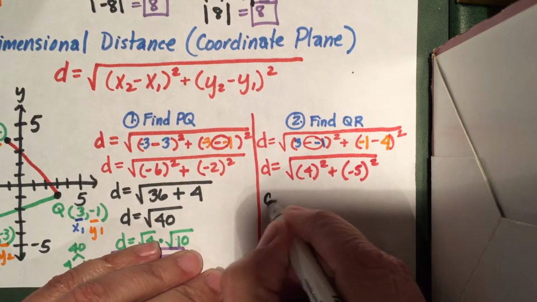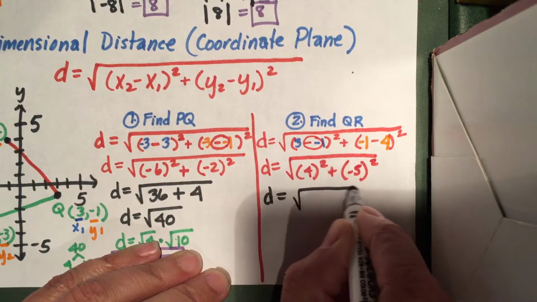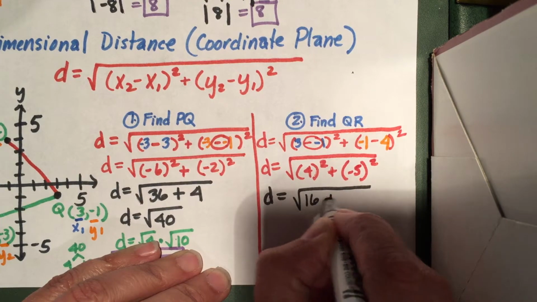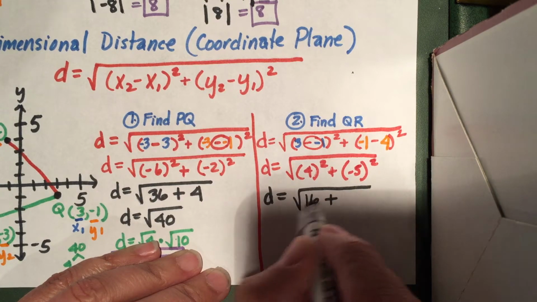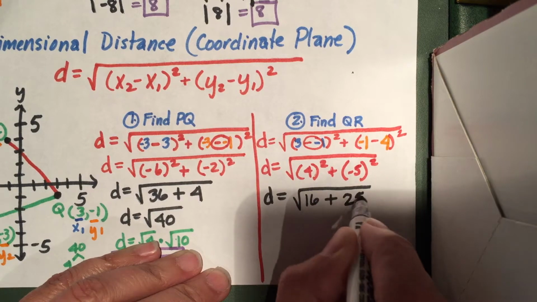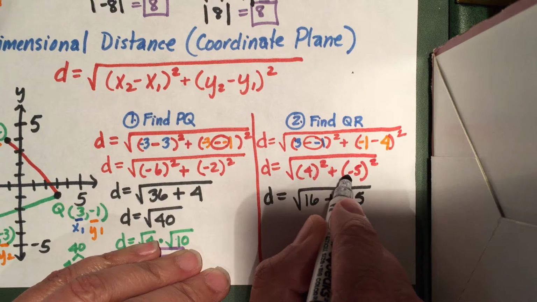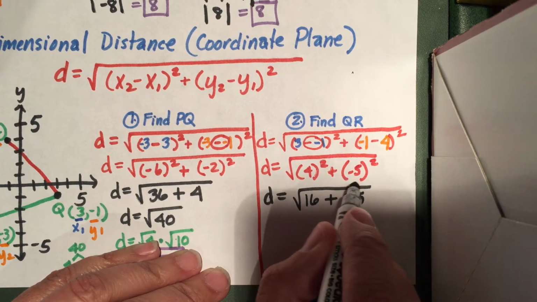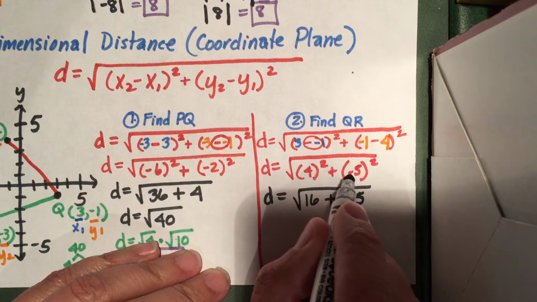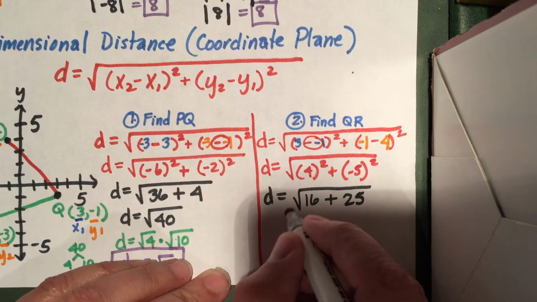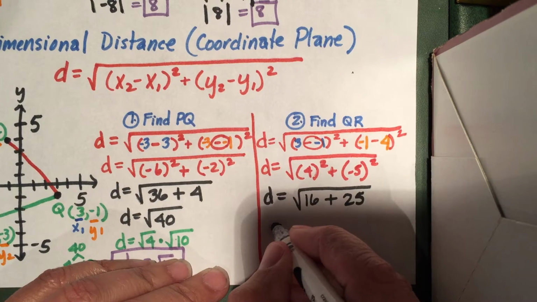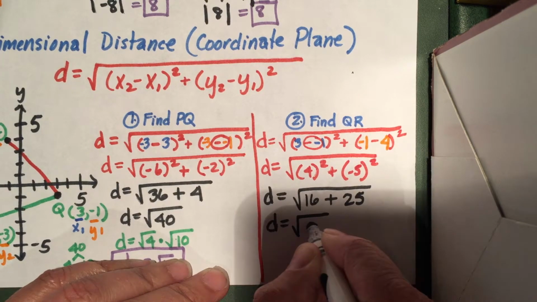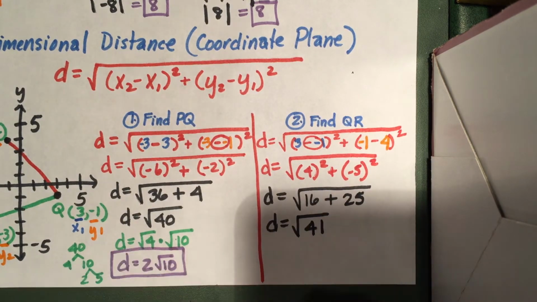Then I'm going to keep squaring, so 4 squared is 16. And negative 5 squared is 25. Notice when we square these, whether they're positive or negative, they become positive, because when you square it, it's a negative times a negative, which is a positive. So that, in turn, is going to give us the square root of 41.